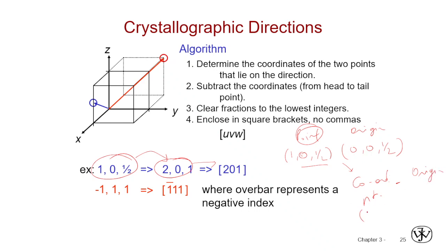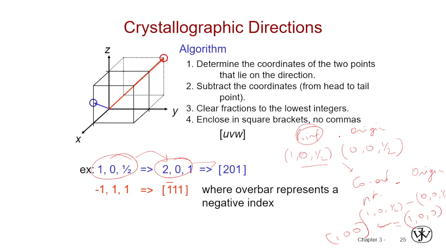So 1 0 1/2 minus 0 0 1/2, right? So we'll be having 1 0 and 0. Sorry, if it's direction, it's supposed to be 1 0 0. So this will be our final direction.